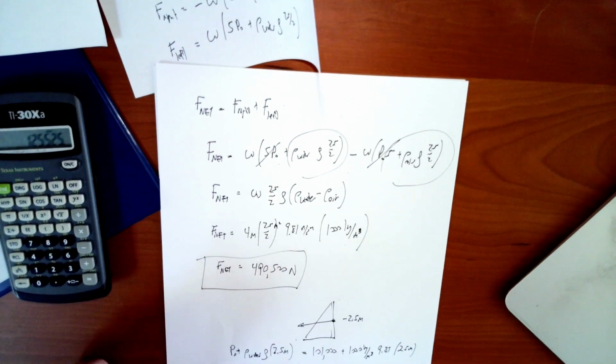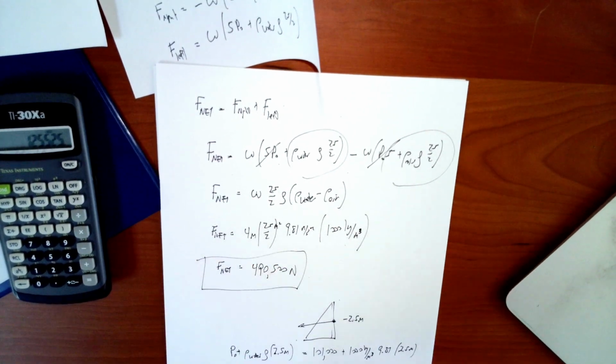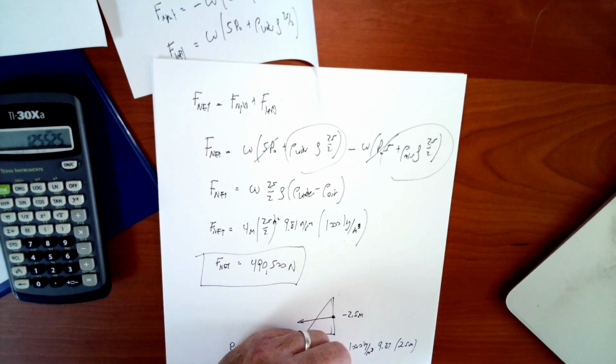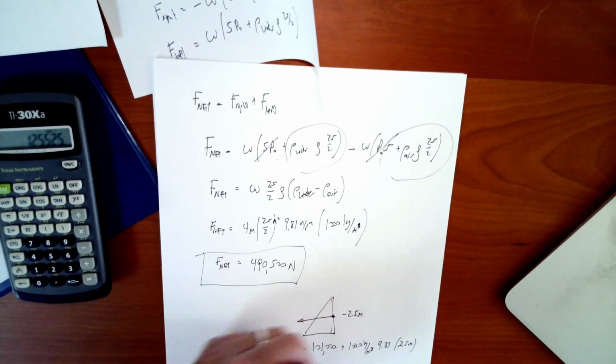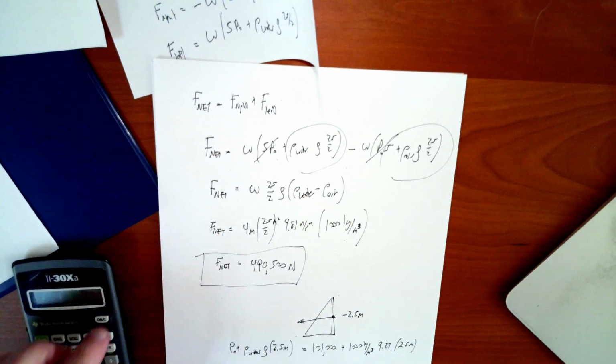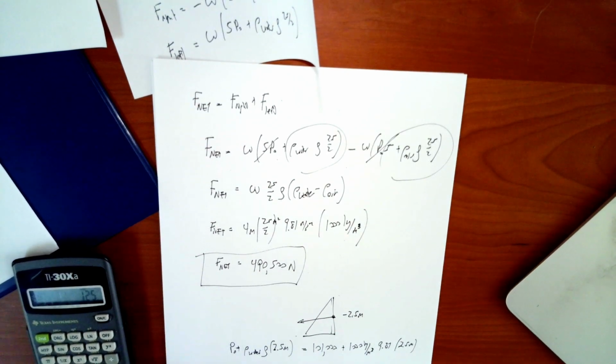So that's on one side of the wall, but in fact, I'm also going to subtract the other side pressure. I'm going to treat it as just P naught. So I'm going to use gauge pressure here, and subtract P naught. That didn't work. Hold on.